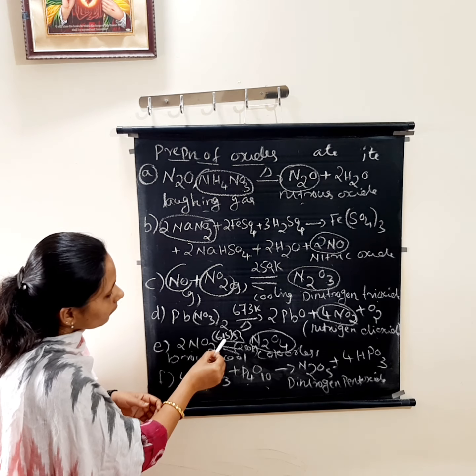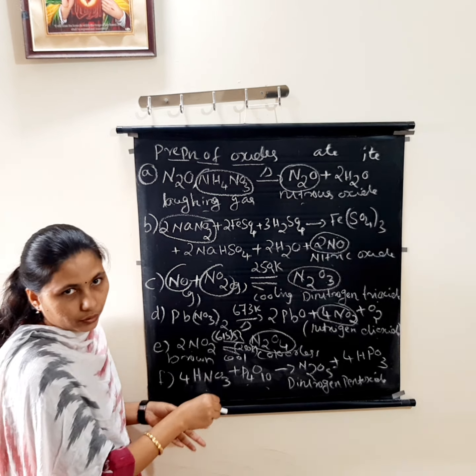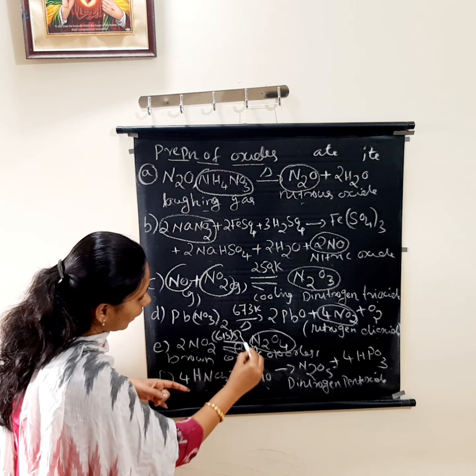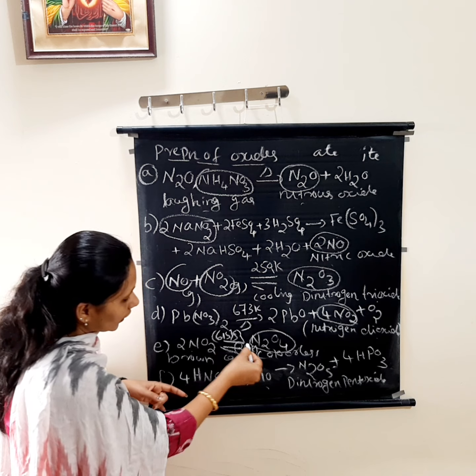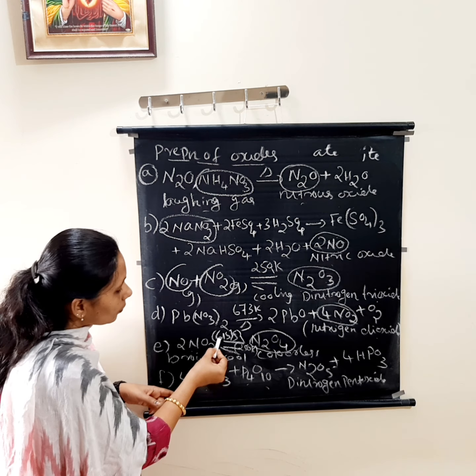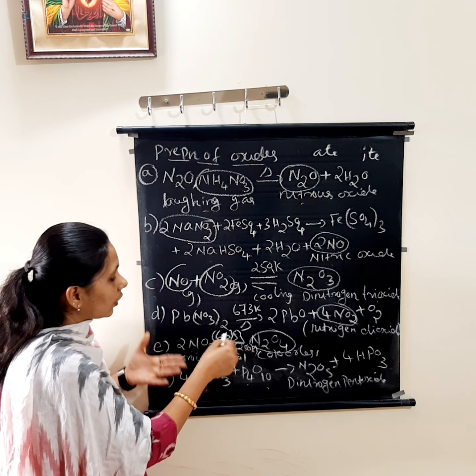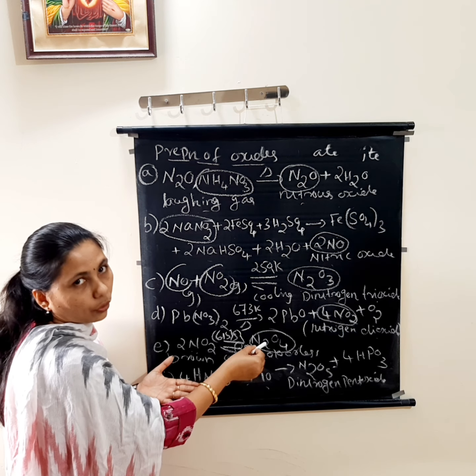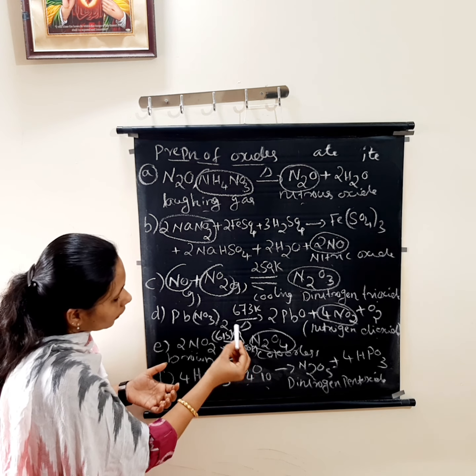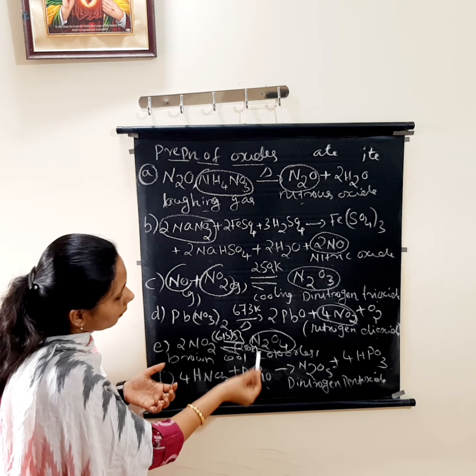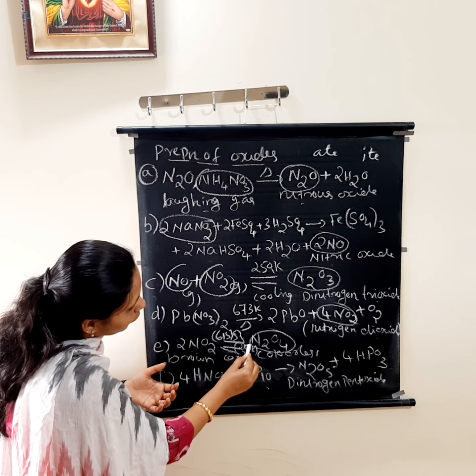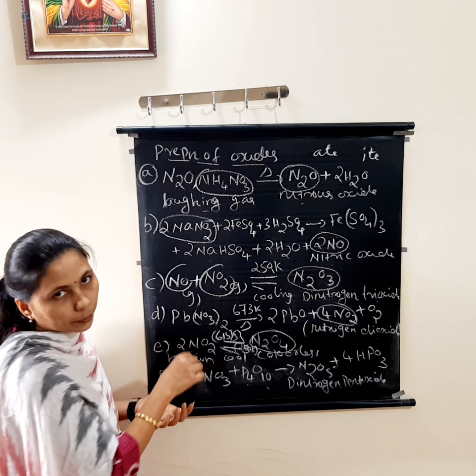If you are checking, there is a double-headed arrow. This is heating and this is cooling. Below 615 Kelvin, more N2O4 will be there, but below 250 Kelvin, NO2 will be more.